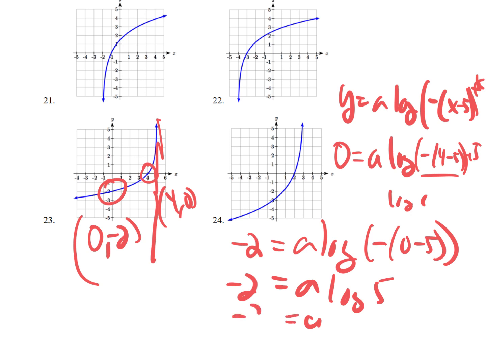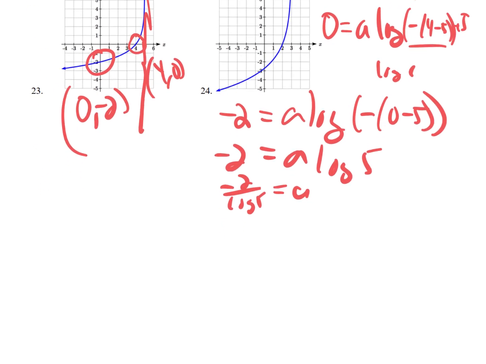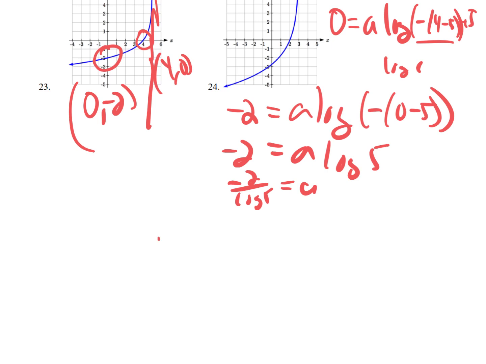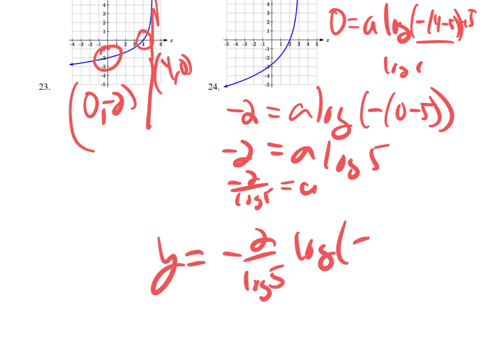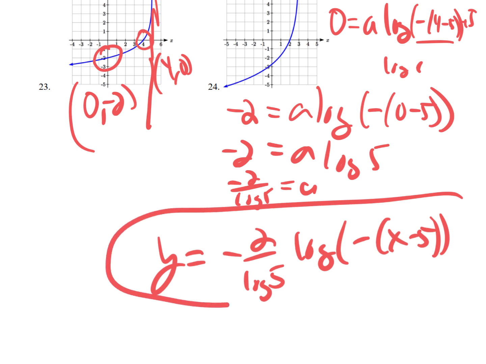So a equals negative 2 over log 5, which means I can just write y equals negative 2 over log 5 times the log of negative x minus 5. And that will do it. I mean, again, I could put it as log base 5 and leave the negative 2 out in front. Okay, so hopefully that helps you do these.